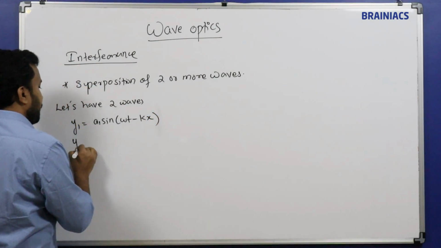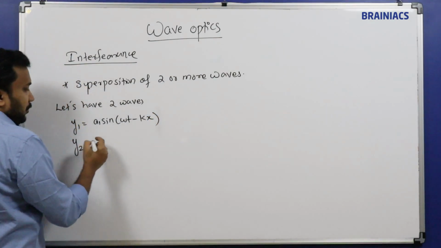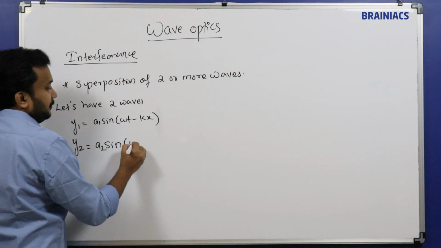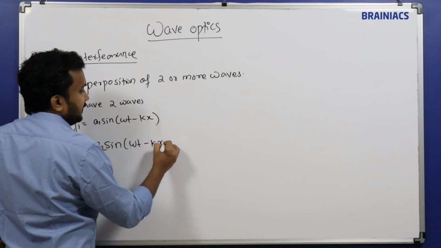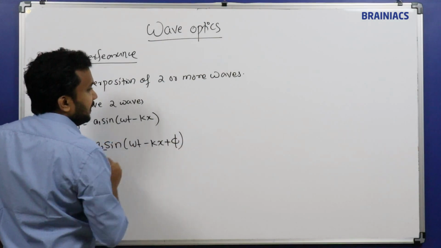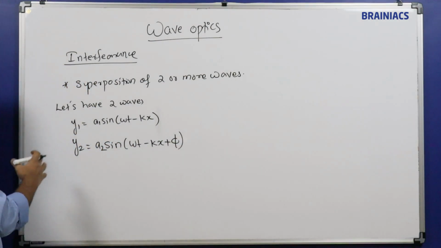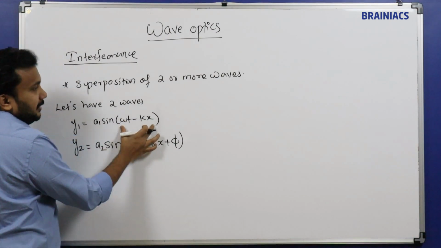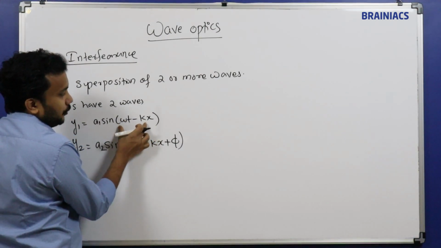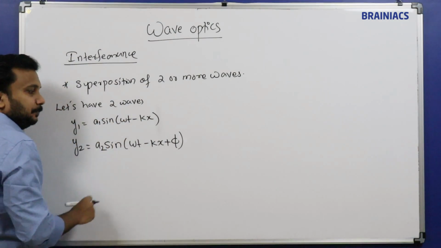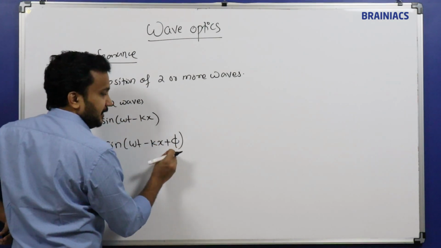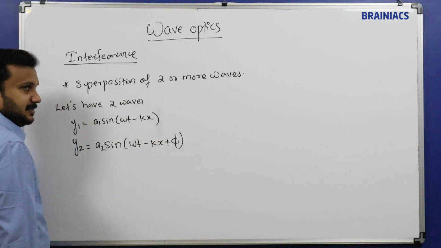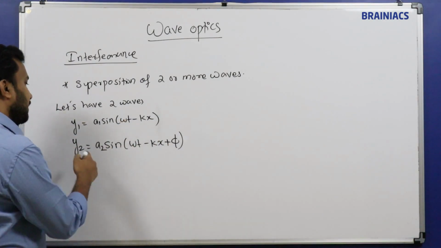My second wave is y2 = a2 sin(ωt − kx + φ), with a phase difference with respect to the first wave. So φ is the additional phase taken by the wave y2.